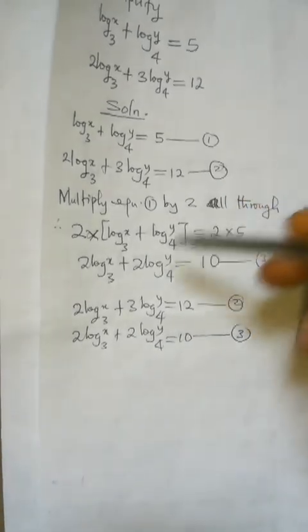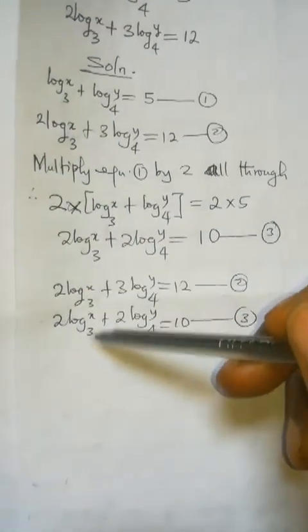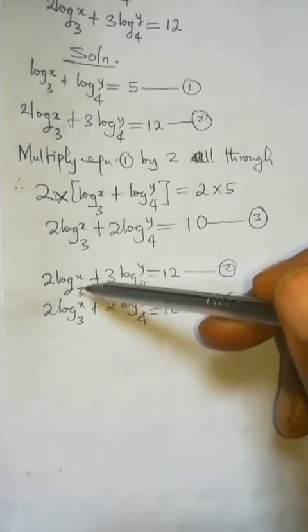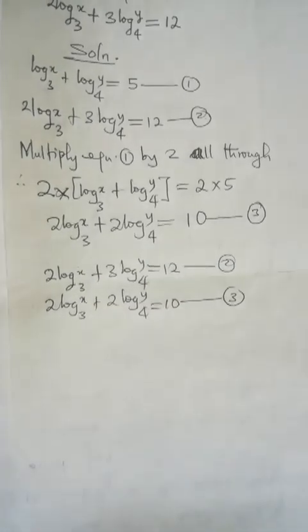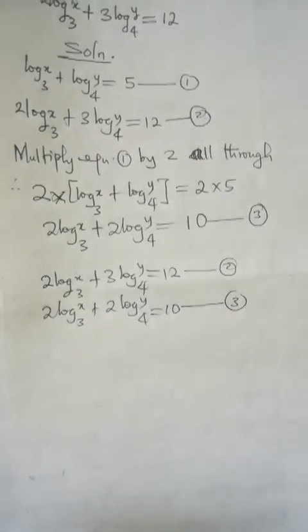As you can see, this is 2 and this is 3. So you see, this and this have the same coefficient, and it is all log x. They have the same base, log x base 3 and log x base 3, so we can eliminate it.